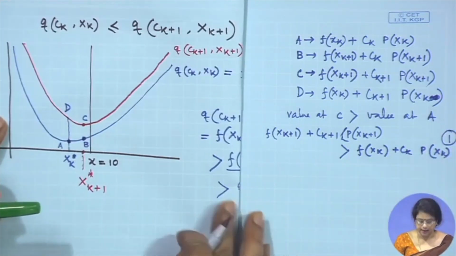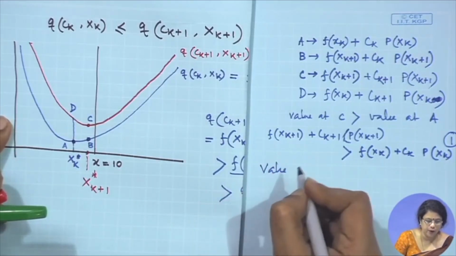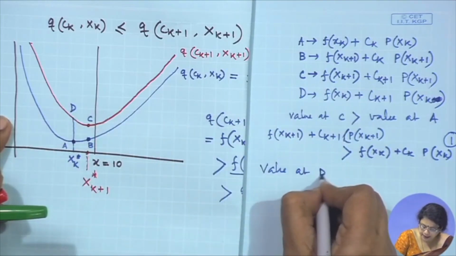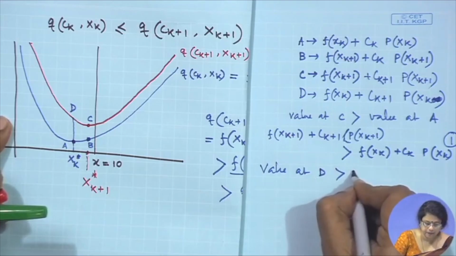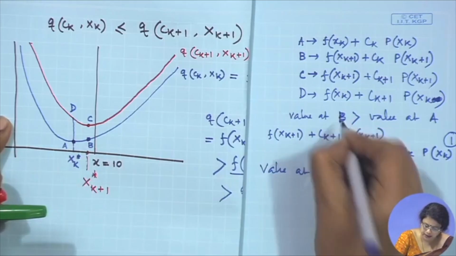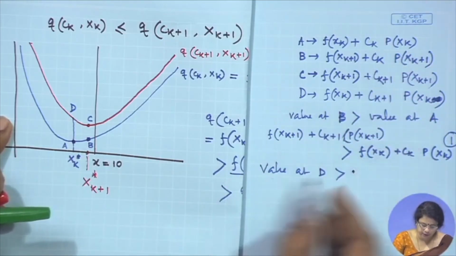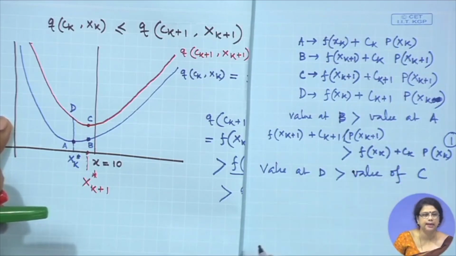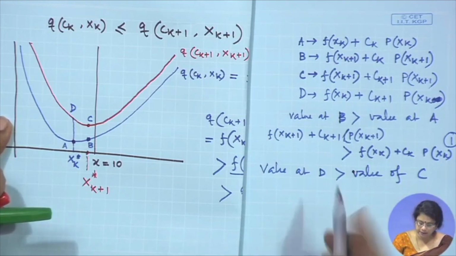All right. And in the other case, the value at D is higher than the value at B. This is not C, this is B. All right. That is why we have written so. Okay. And the value of D is higher than the value of C. Is that clear?